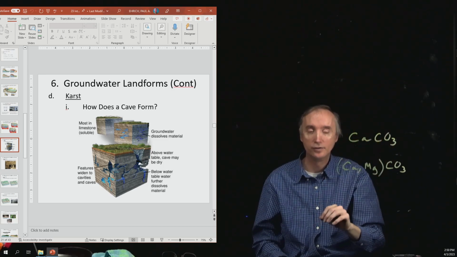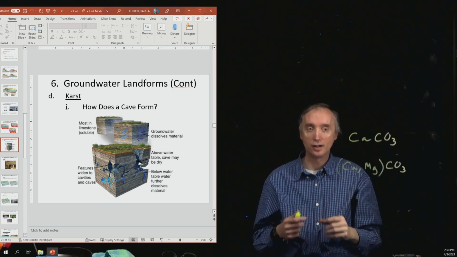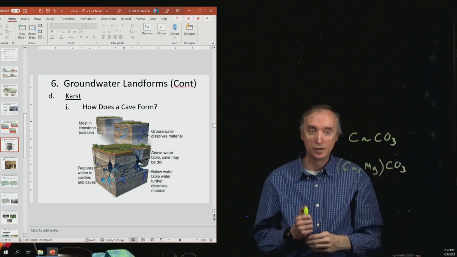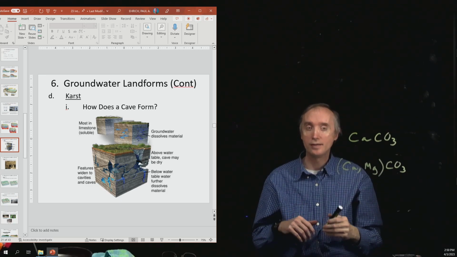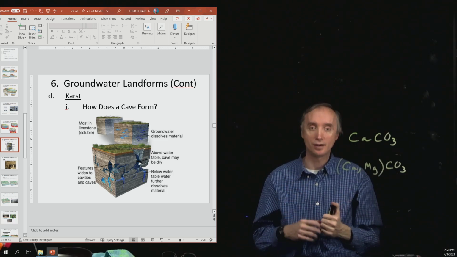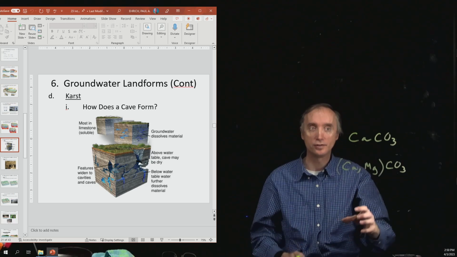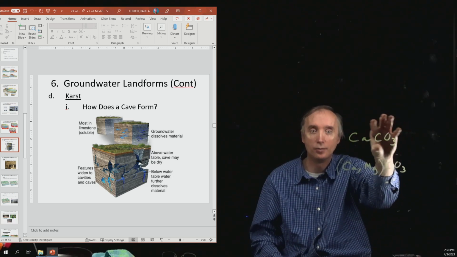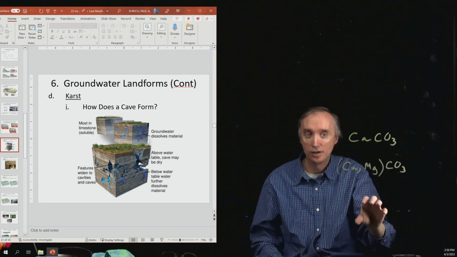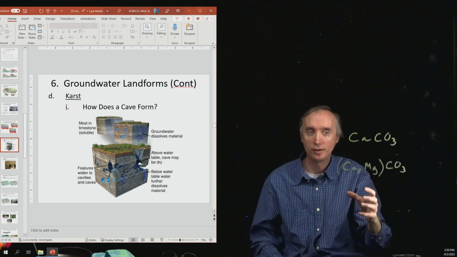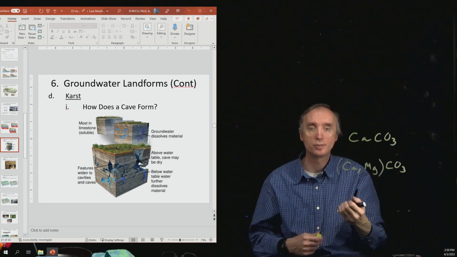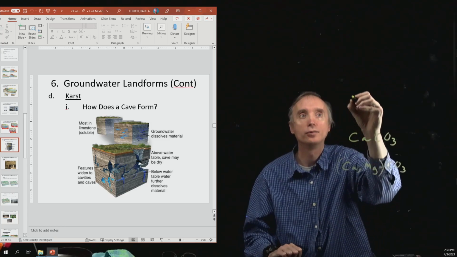You are going to have a lot of cave formation in a climate that does have a lot of rainfall. So you're going to need water, and then it needs to be acidic. Water alone is not going to be sufficient to break up the calcium carbonate. So we need it to be just a little bit acidic.